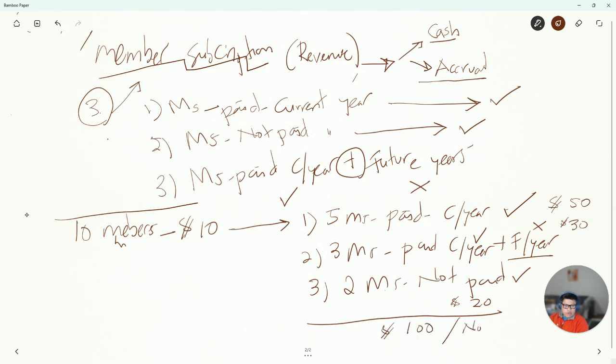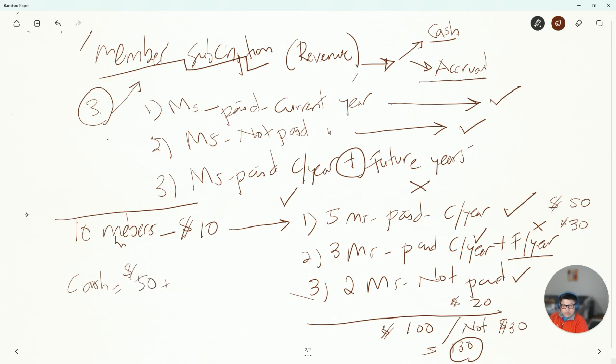We're not going to recognize $30. So that means you got 130 in here. But your total cash is how much they pay. You receive on the cash side: the first one is $50.